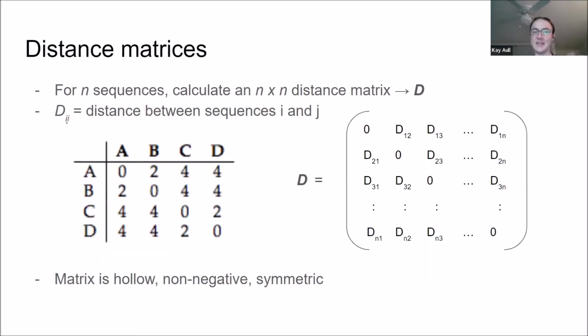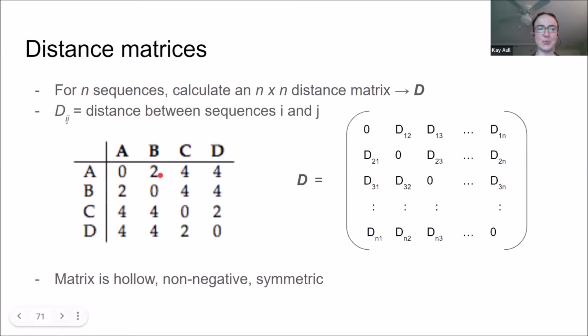And so this is a pairwise calculation. How different are these sequences? First thing you'll notice, obviously, is that these things have zero difference from themselves. Sequence A has zero difference from sequence A, and so on. So it's a hollow matrix. You can't have a negative distance. You can't have a negative difference. And it's symmetric.